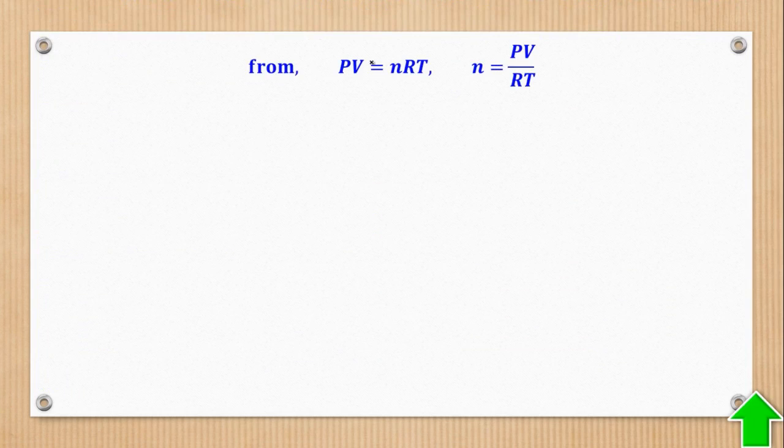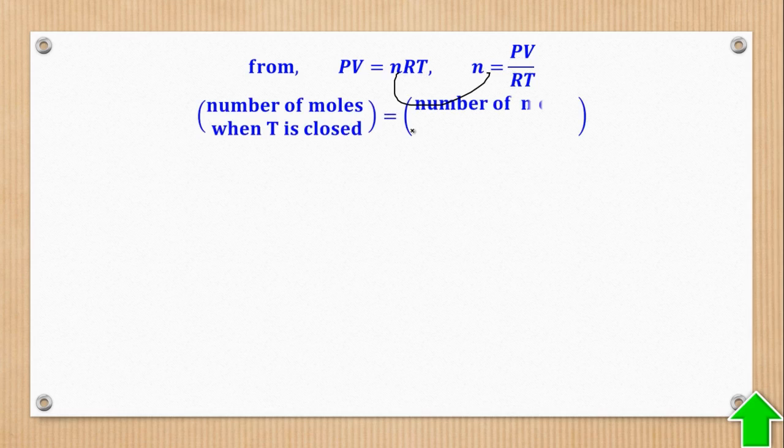Now from PV equal to nRT, number of moles, N, is equal to PV over RT. So we're using number of moles because before opening the tap and also after opening the tap, the number of moles must remain the same.